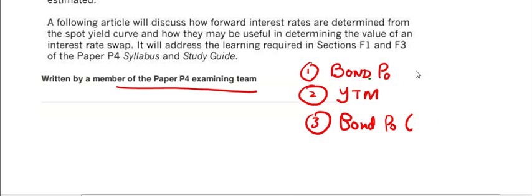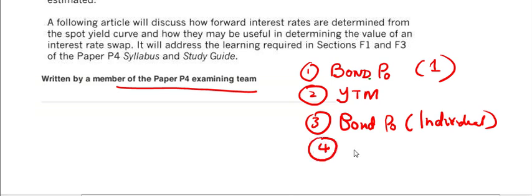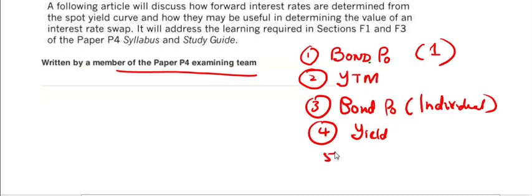Is that clear? This is one yield curve, this is the individual yield curve. The fourth one, we tried to find the yield curve itself. How do you determine the yield curve each year? Using government bonds.